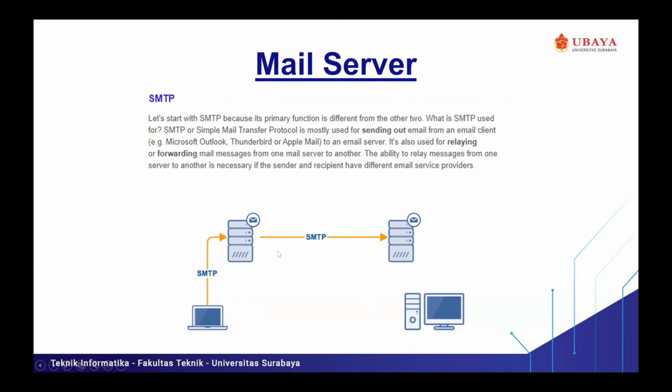So for example, we have more than one mail server. This is the mail server for Gmail, and this is the mail server from Yahoo Mail. So to send the mail from the client to the mail server, or mail server to another mail server, we will use the SMTP, right? It's just for sending the email.